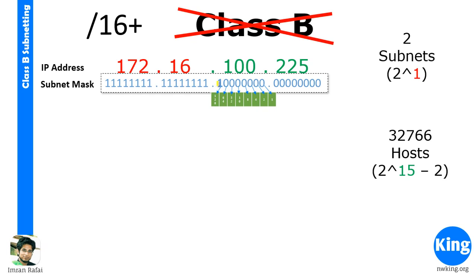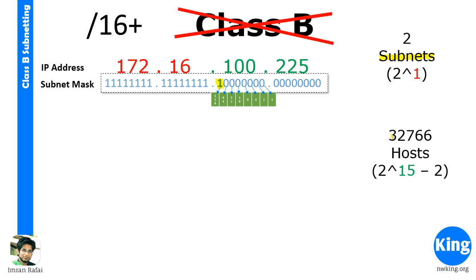So we see that 1 bit is borrowed. 1 bit borrowal means you get 2 subnets, 2 to the power 1, which also means that you get 2 to the power 15. 15 is nothing but the number of zeros, so 2 to the power 15 minus 2 hosts, that is 32,766 valid hosts.